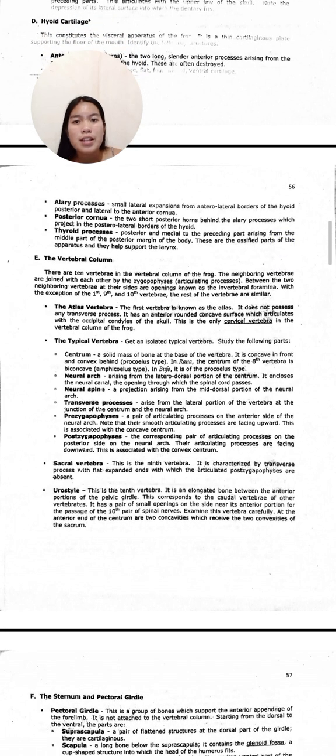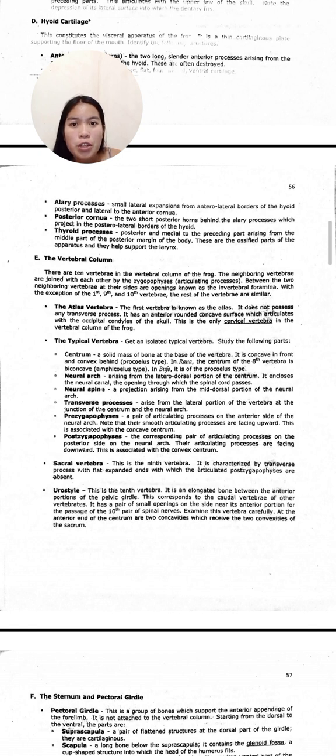alari process. So, alari process is a small lateral expansion from the anterolateral borders of the hyoid. So, in other definition, alari process is vertebral, the typical vertebra.